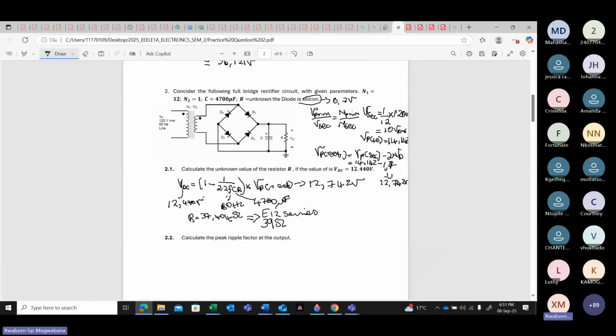You take this one to this side, which means it's VDC divided by VP rectifier minus 1.